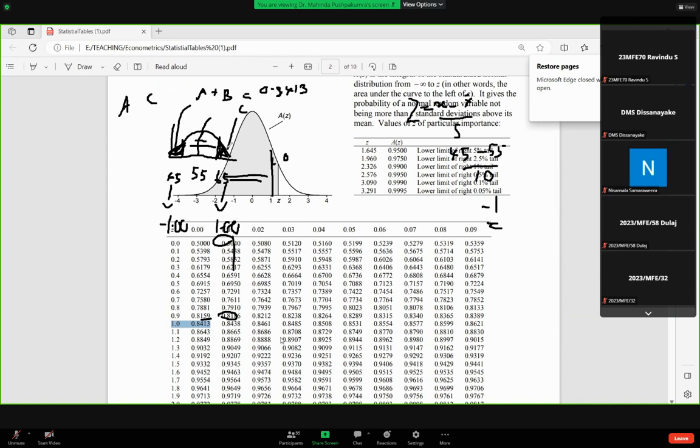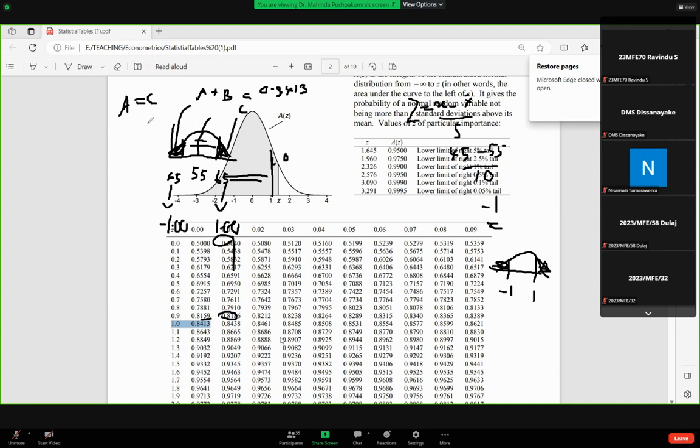They are equal. Why are they equal? Because this is a symmetrical distribution, with minus 1 here and plus 1 here, so these two regions are equal.